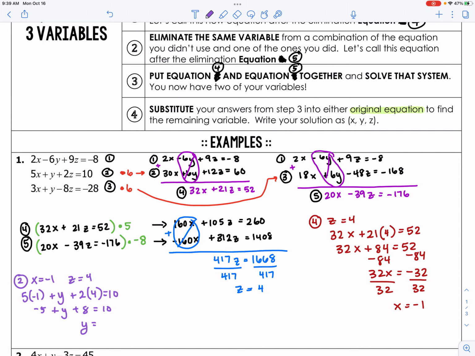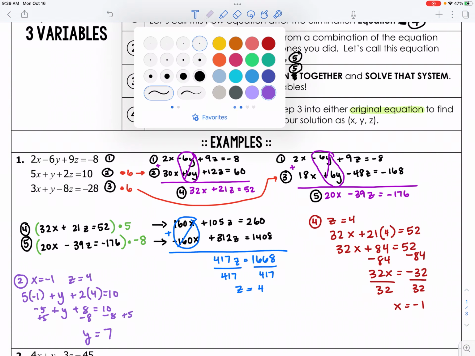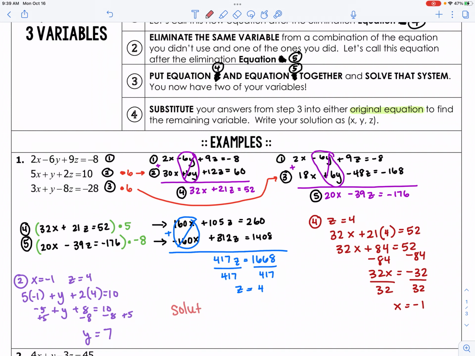So if we move that 8 over, we subtract it to the other side, add 5 to the other side, we get y is equal to 7. So our solution, our x's go first, -1, then my y's, 7, and then my z, 4. So again, it's a combination of elimination and substitution to help us get our solution.